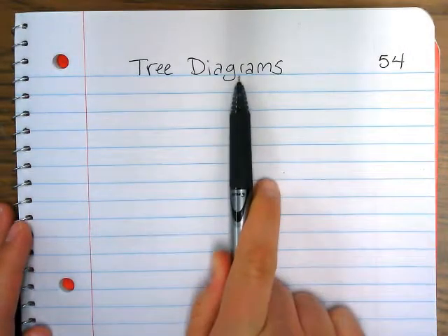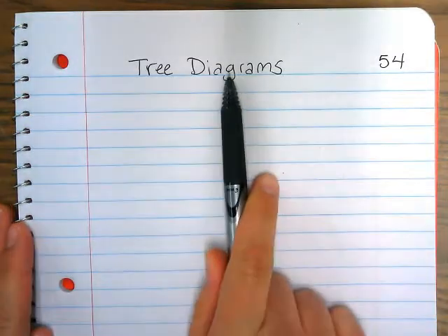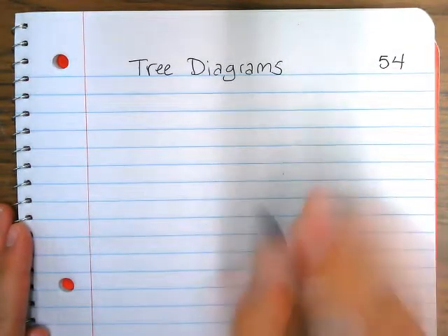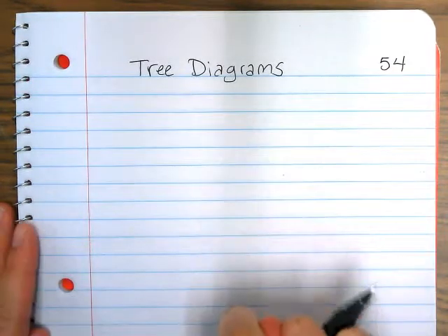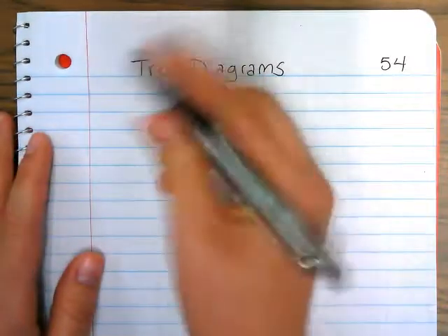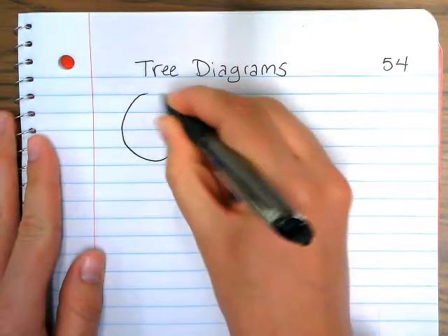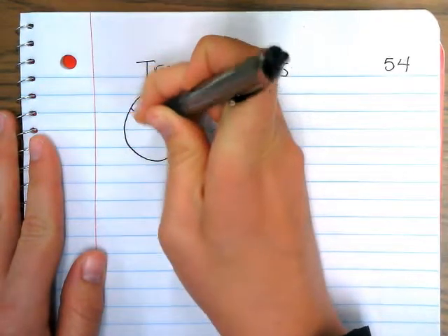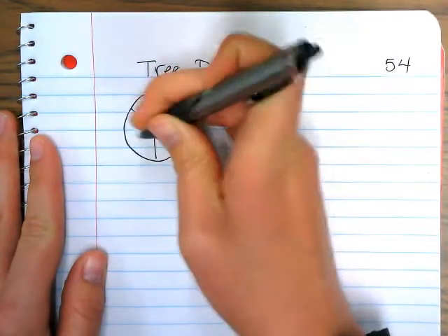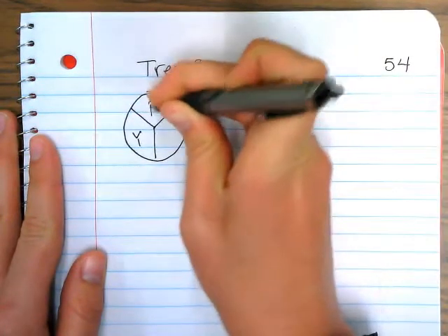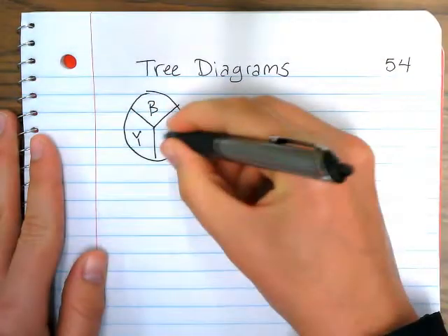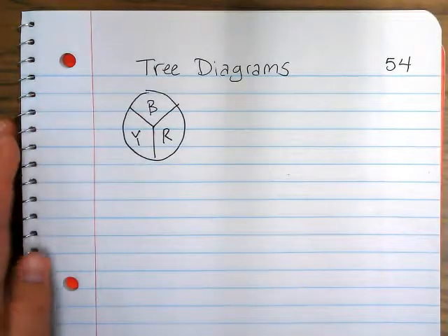Now we use tree diagrams for compound probabilities, where there are at least two or more things that we are finding the probability for. Today, we're going to be looking at a spinner, which has a yellow section, a blue section, and a red section.